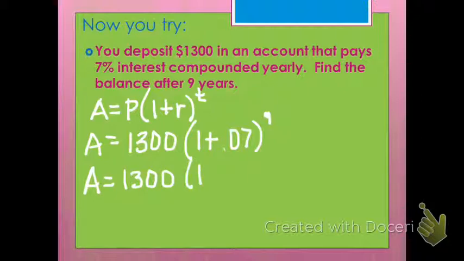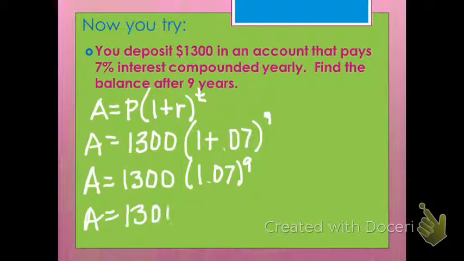Now we just do some calculating. Okay, so we'll put the 1 plus 0.07 together as 1.07, and then order of operations tells us to do our exponent first, and so that's going to give us 1.838.